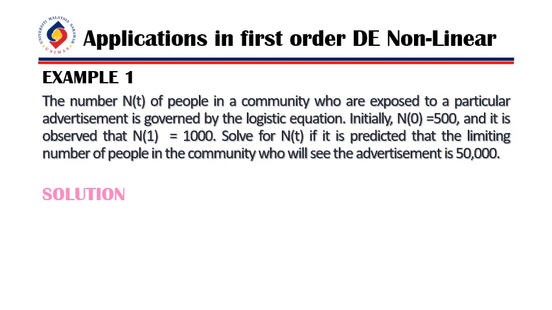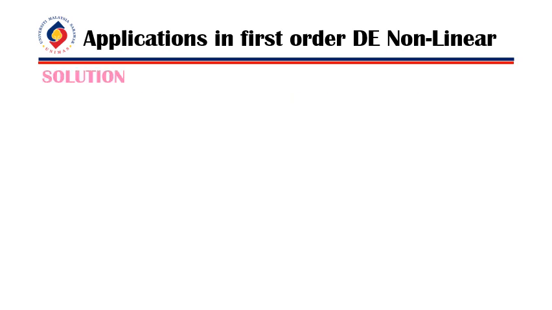Okay, and a and b are the constants. All right, so here is the solution. When t is equal to 0, N naught is equal to 500. So just plug in the 500 inside this one. Okay, this is the first equation when you plug in the 500.